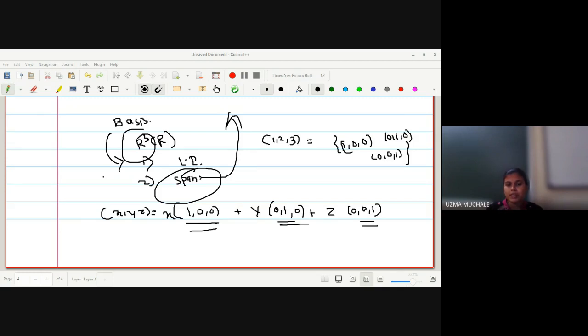Whether the same thing is there for partial derivative? No, ma'am. I hope you have the counter example in which a partial derivative exists but your function is not a continuous function. So there are some drawbacks in the partial derivative, so we have introduced the concept of the directional derivative.